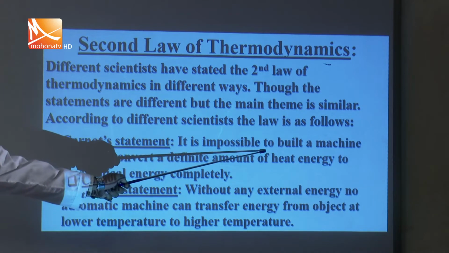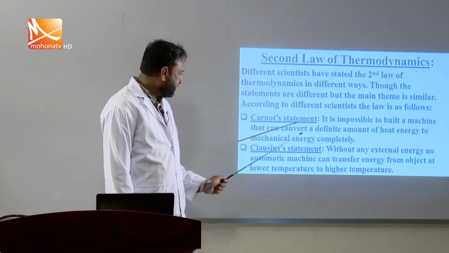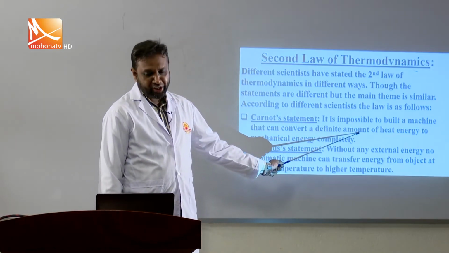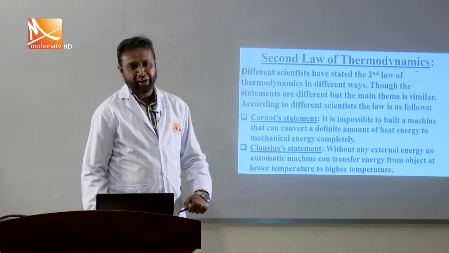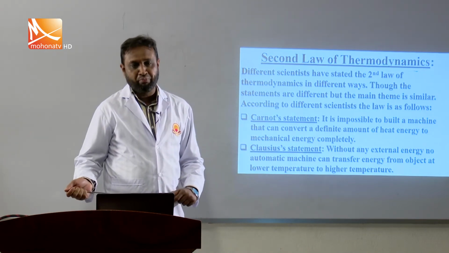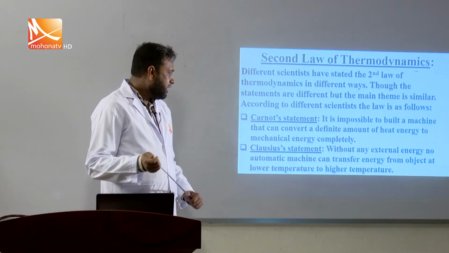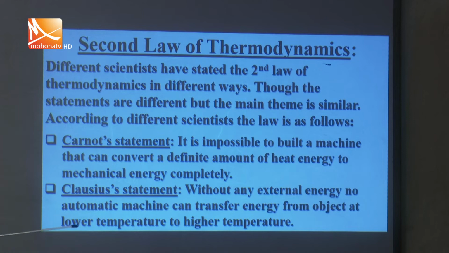It is impossible to build a machine that can convert a definite amount of heat energy to mechanical energy completely. That means if heat energy is converted to mechanical energy, then a machine is compulsory.